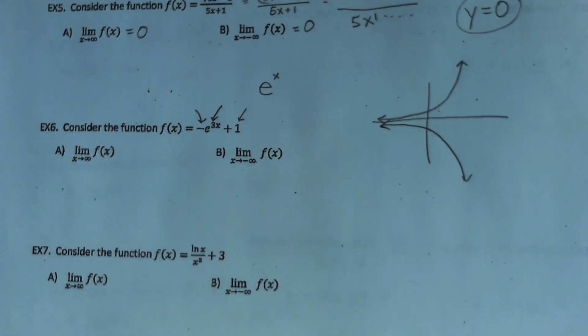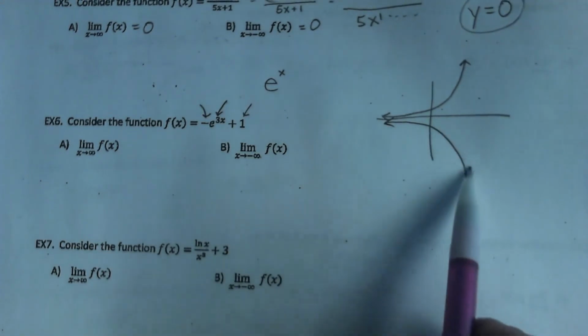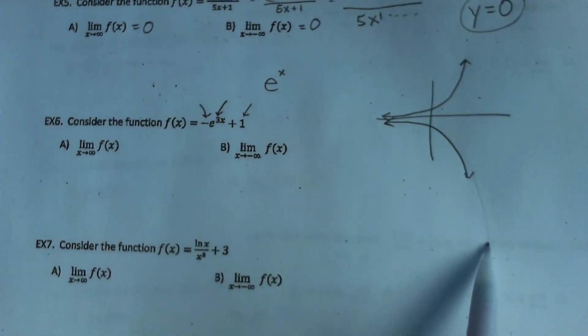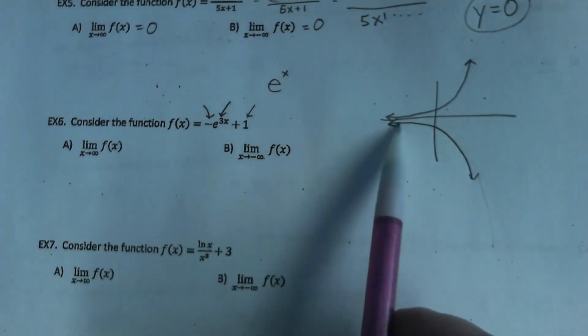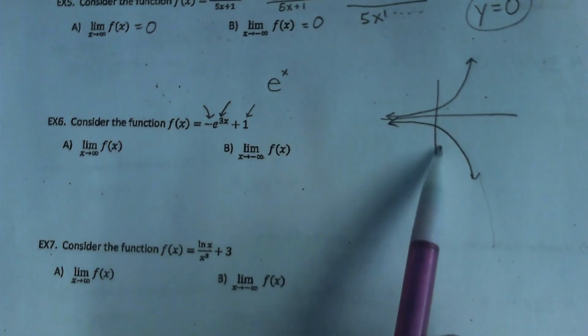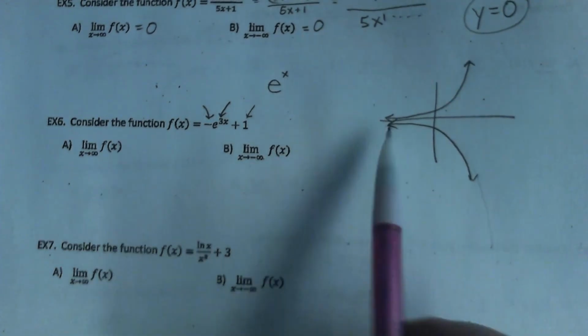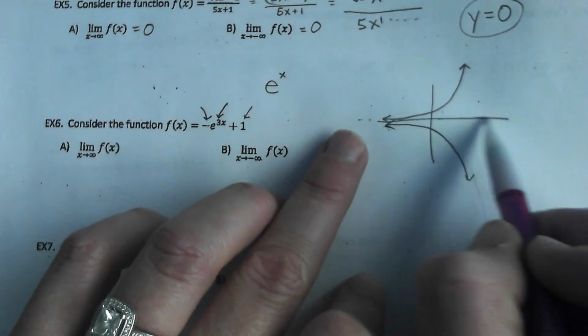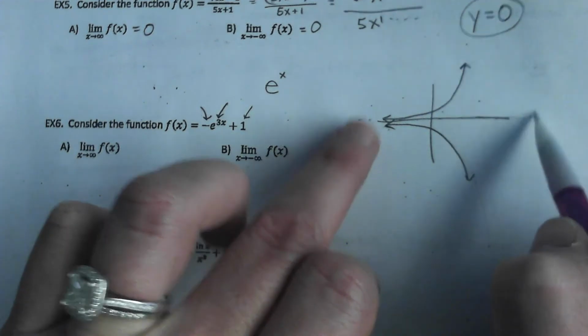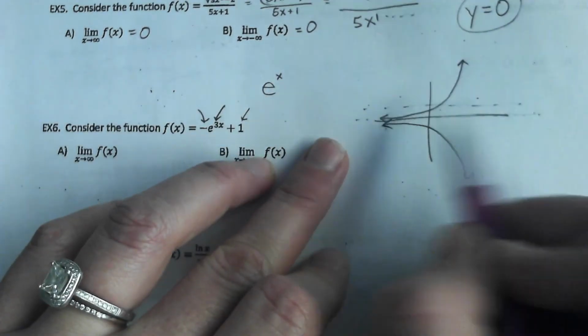I think so. Not on this end, because this is approaching negative infinity. What is this currently approaching before I shift it up 1? 0. But if I shift it up 1, that horizontal asymptote that was there is also shifting up 1.